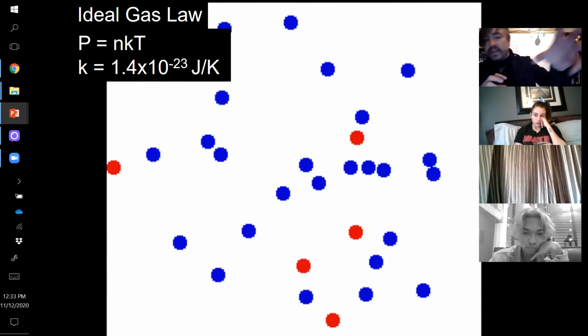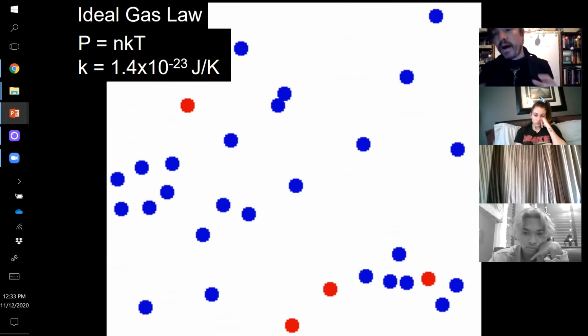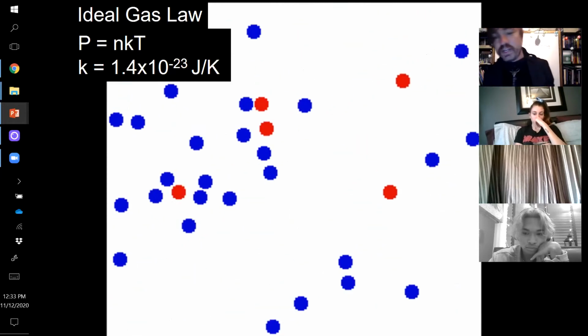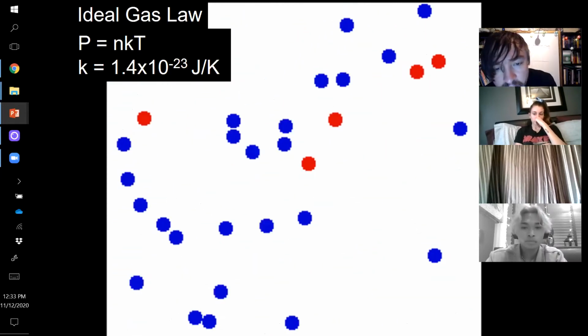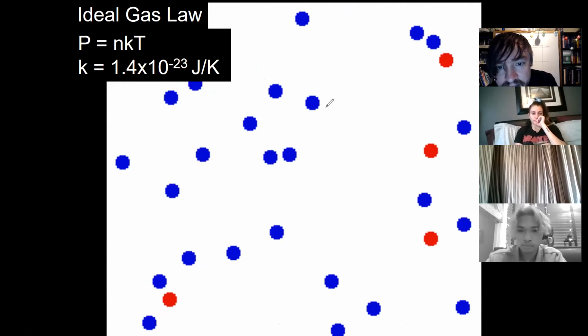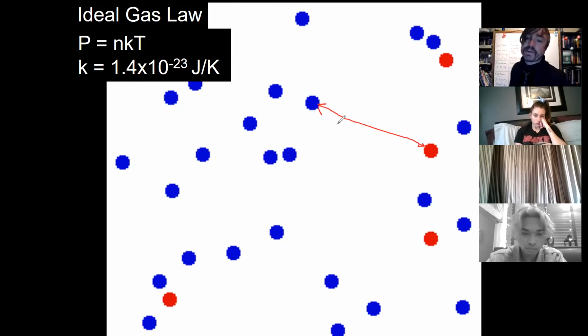And in an ideal gas, you kind of have like a bunch of ping pong balls in a box. They all travel in a straight line, they bump into each other, and they bounce off one another. What I would like to point out about our ideal gas is that the interparticle separation, the separation between two protons or two electrons, is many, many times greater than the size of the particles themselves.